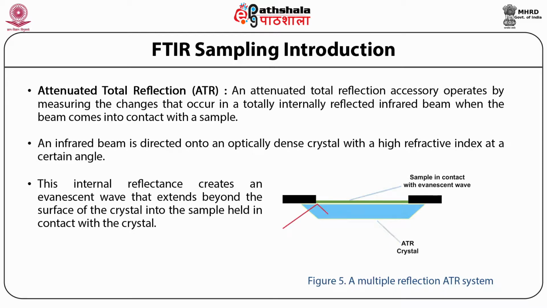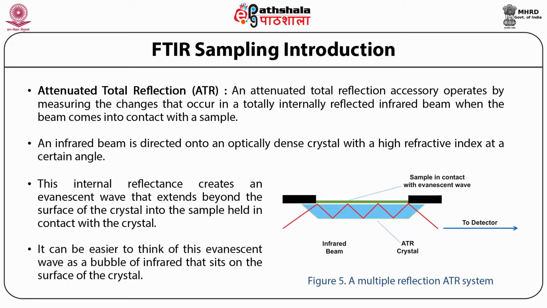creates an evanescent wave that extends beyond the surface of the crystal into the sample held in contact with the crystal. It can be easier to think of this evanescent wave as a bubble of infrared that sits on the surface of the crystal.